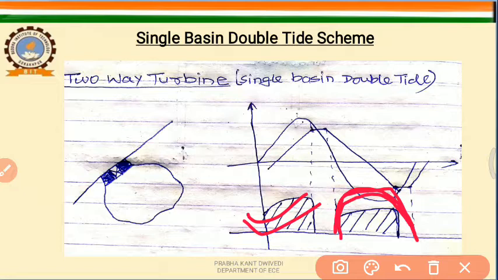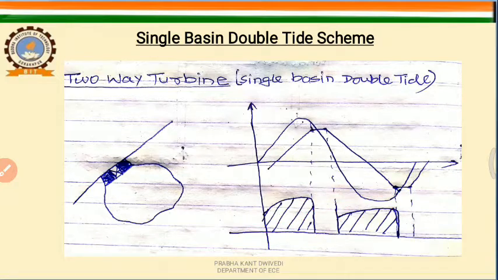There is another scheme to generate the electricity, which is double basin system for the continuous supply of the electricity. As we can see that in both of the cases, the supply of the electricity is not continuous. Somewhere it is interrupted.